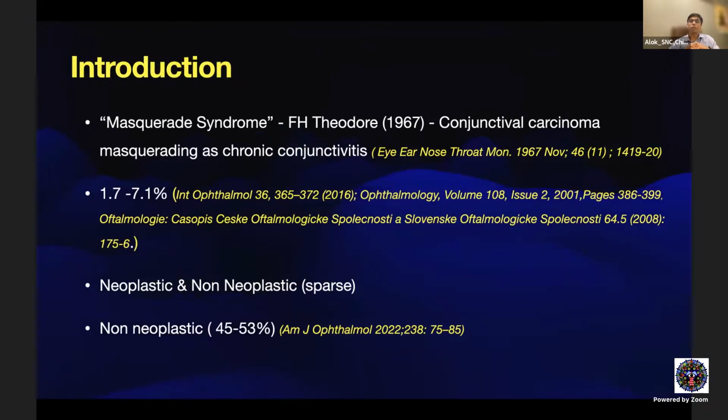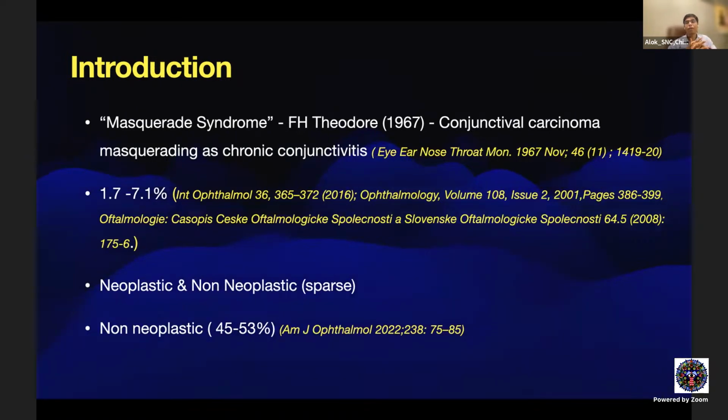They can be broadly classified as neoplastic and non-neoplastic masquerades. While most of the publications focus on neoplastic masquerades, the non-neoplastic masquerades also contribute significantly, almost 50% of masquerades could be non-neoplastic in nature.